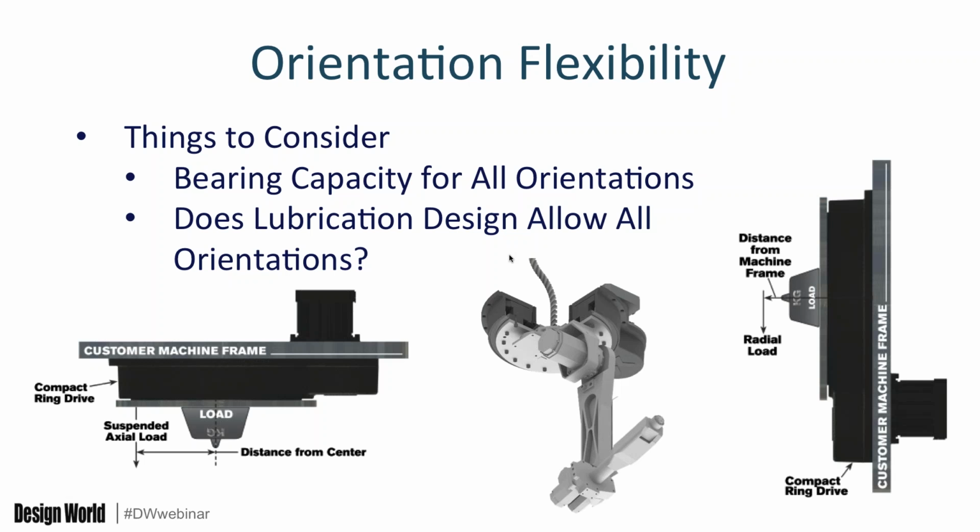In this upside down orientation, you need to be looking at the upper support, but the suspended load must be considered, as well as any oil that could be in the system or any type of seals that are holding that oil. So in many cases, if you have a device that is going to have an oil reservoir, it is not recommended that it be used in an upside down vertical position.